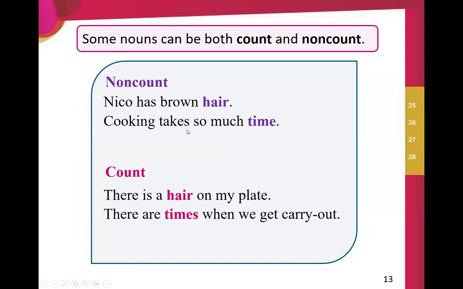Cooking takes so much time. Also, time here means a period of time. We know the time. There are times when we get to carry out. Times means periods, one time, another time, and the other time, and so on.